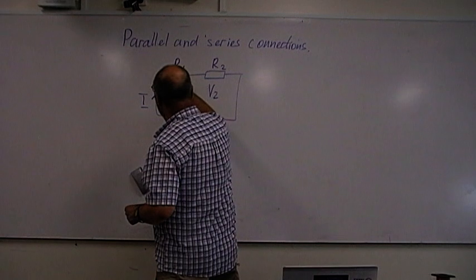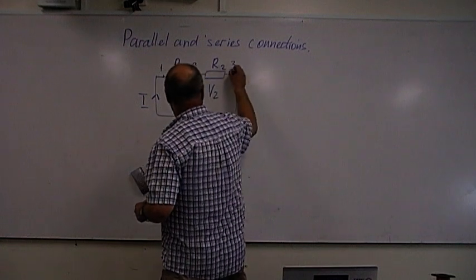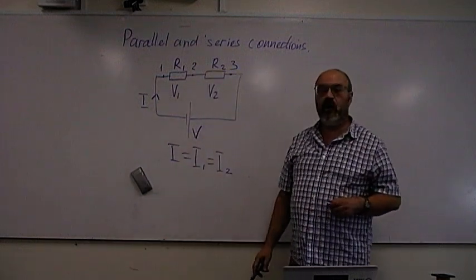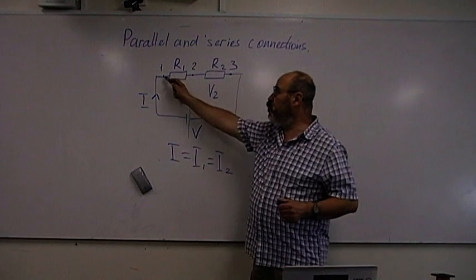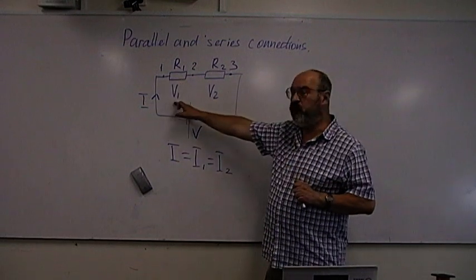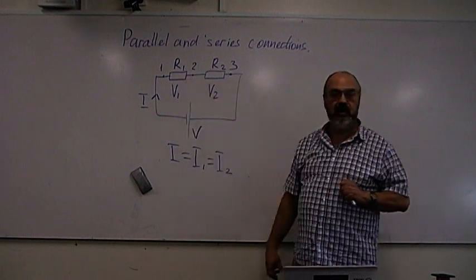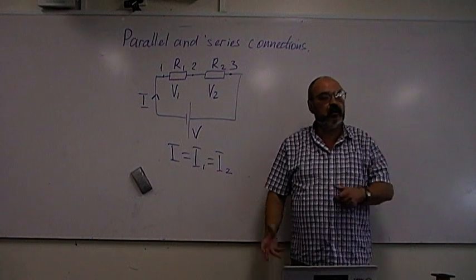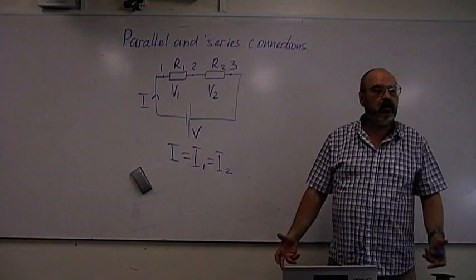So we have point 1, point 2, point 3. How much energy is needed to push from point 1 to point 2 through the resistor R1 will be V1. Then from 2 to 3, V2 will be the amount of energy needed to push current through. So how will we find total?